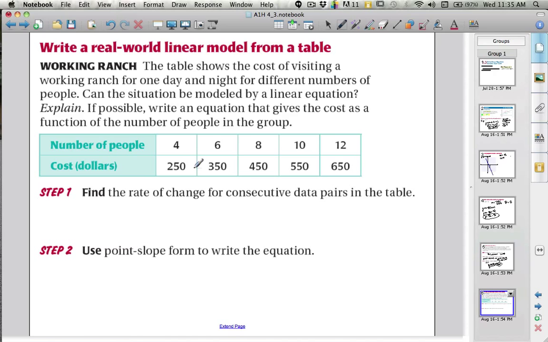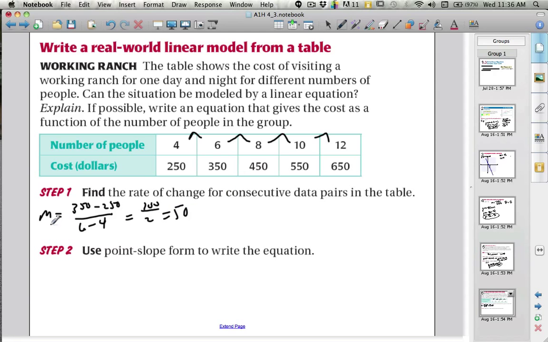I might suspect it is, but I don't know that it is. Okay, but I can find out pretty quick by calculating the slope between this and this, and this and this, and this and this. And if they're all the same, then I know, oh, okay. So when we have 350 minus 250 over 6 minus 4, that's going to be 100 over 2, which would be 50.